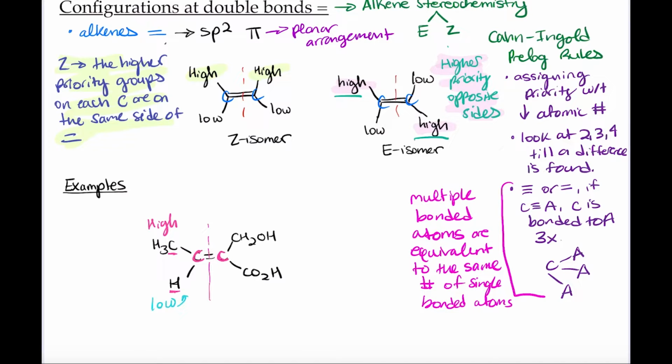Now let's move on to this side here. Now we see this carbon and this carbon are the same. So, as I said back to this rule, look at the second, third, or fourth atom to see if you find a difference. We don't see a difference in these two carbons, so we're going to go to the next atom.